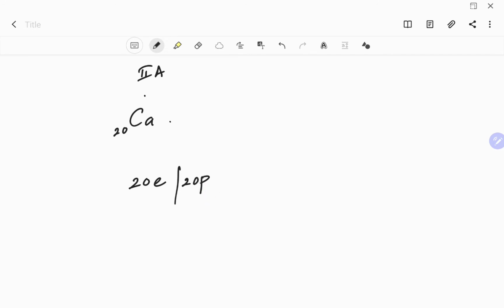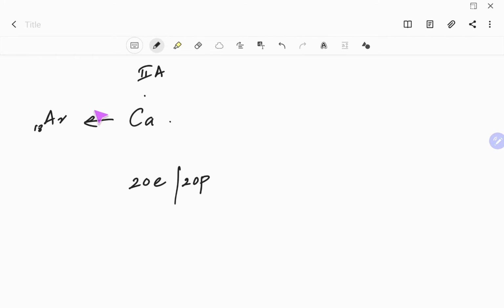If calcium wants to achieve the noble gas configuration or the electron octet, it has two options. It can kick out these 2 valence electrons and then it will reach the noble gas configuration of argon, which is 18 electrons.